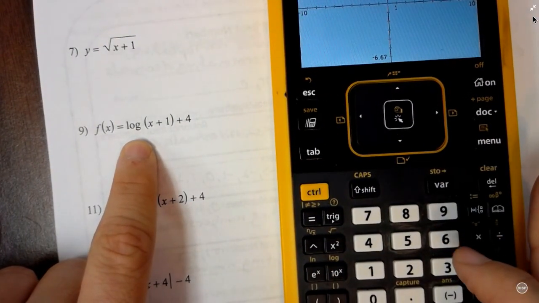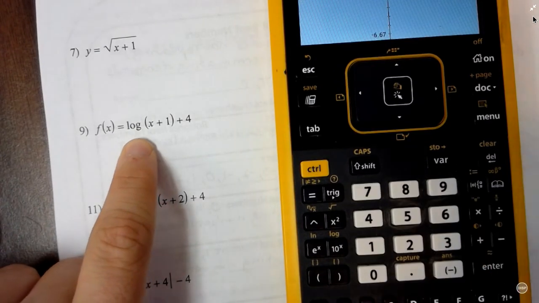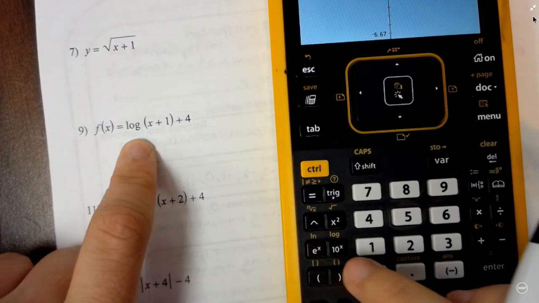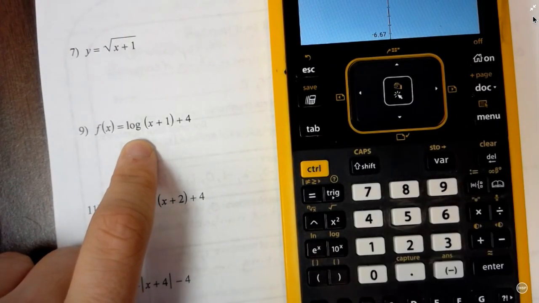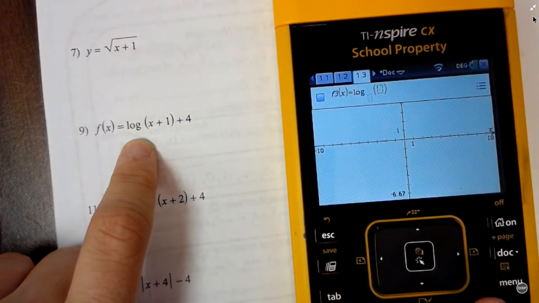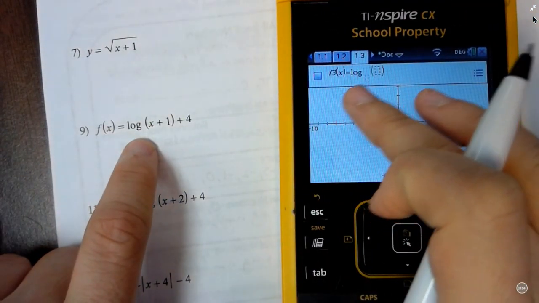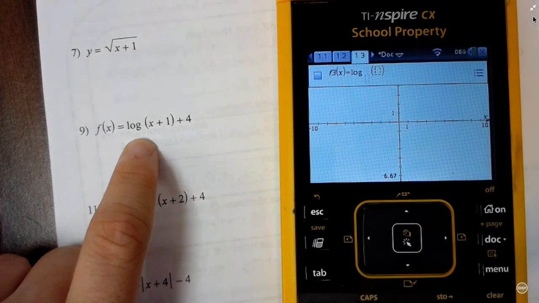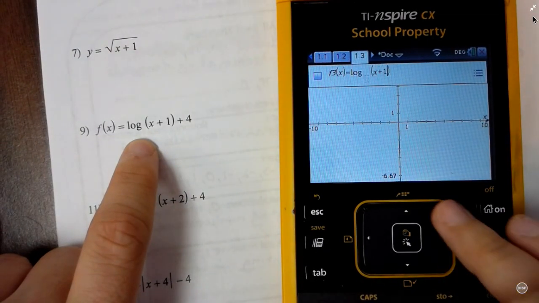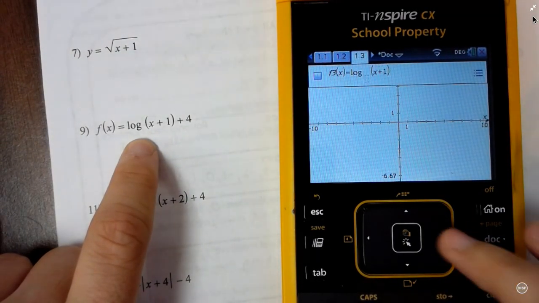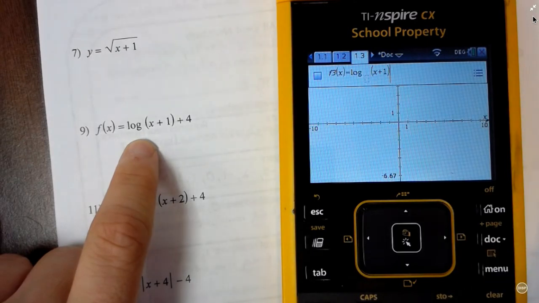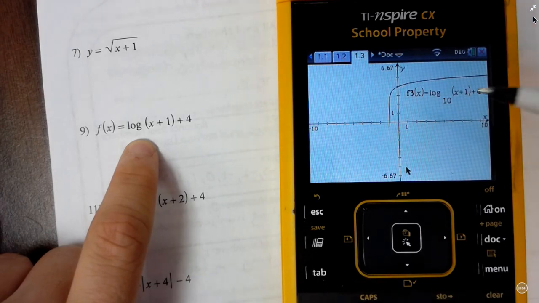We do it in April, I believe. So Control and then 10 to the x is your log button. Now notice there's no subscript on this problem, so you can just leave that blank. We'll talk about later what that means. So x plus 1, and then get out of the parentheses to do plus 4. Press enter, and there's your graph.